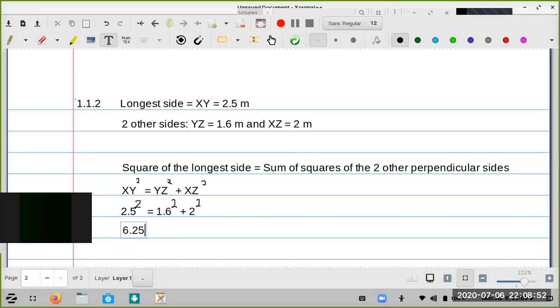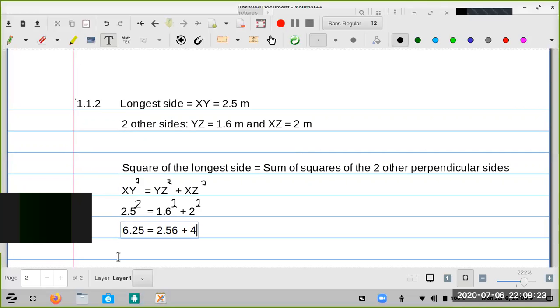Then 1.6 squared, on my calculator, we have 2.56. And then plus 2 squared, which is 4.